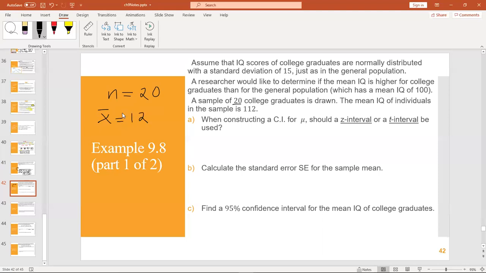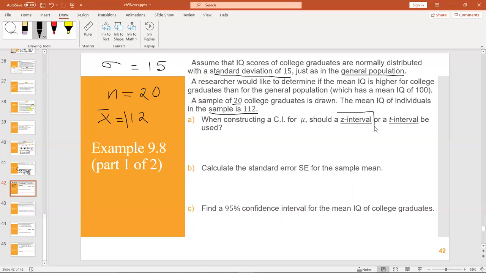They say the standard deviation is 15, just as in the general population. So they're telling us the standard deviation for the population, which is 15. That is a very crucial piece of information.